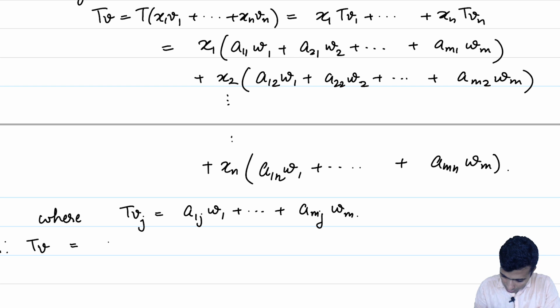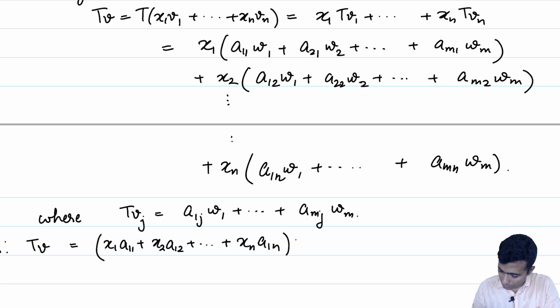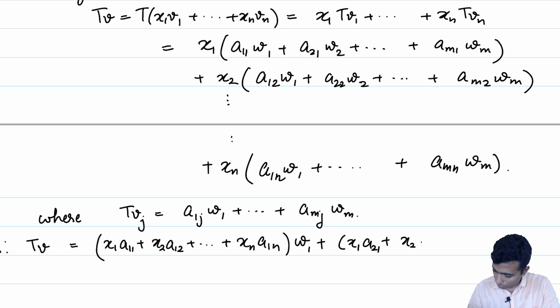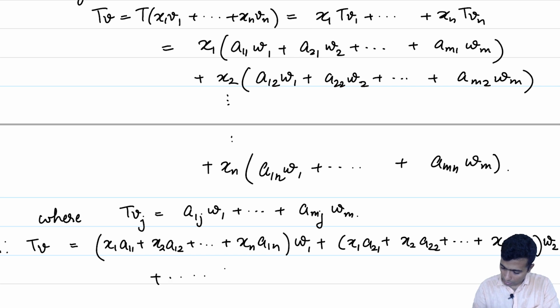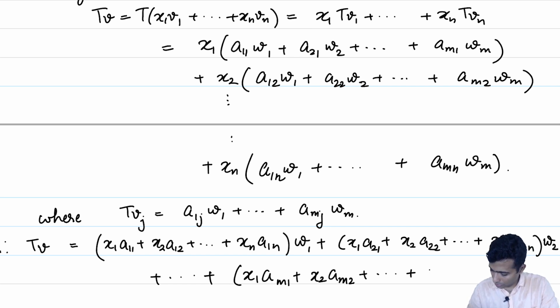If you observe carefully, this is (x1 A11 plus x2 A12 plus xn A1n) times W1, plus (x1 A21 plus x2 A22 plus xn A2n) times W2, plus (x1 Am1 plus x2 Am2 plus xn Amn) times Wm.